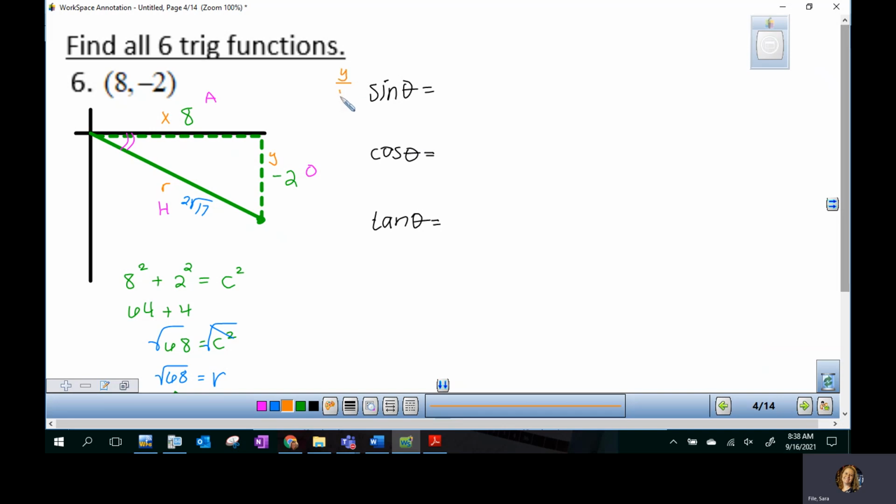Sine is y over r, cosine is x over r, tangent is y over x, or if you're the one thinking of OA and H, O over H, A over H, O over A. I don't care which ratio you think of as long as it's correct. One of those 2 for each of these. So sine would be -2 over 2 root 17.